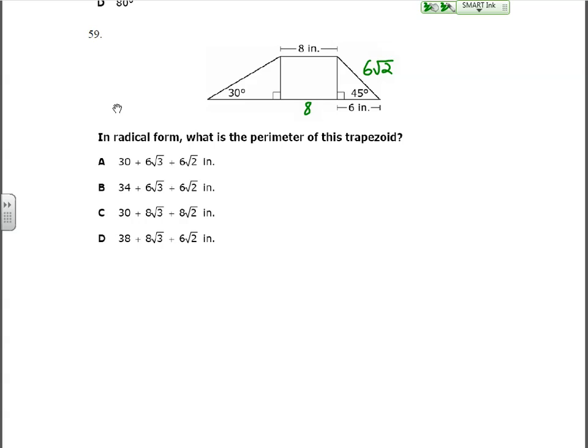Which means that the height of this triangle is what? 6, which is important because that means that this side is 6, which is what we need to use to get the 30, 60, 90 triangle relationships here. What's the length of the hypotenuse of this 30, 60, 90 triangle if that short leg is 6?